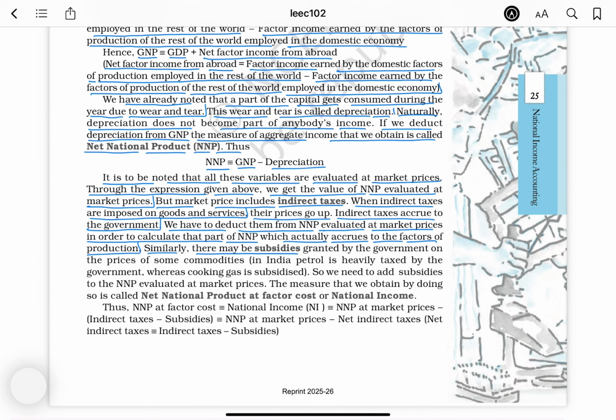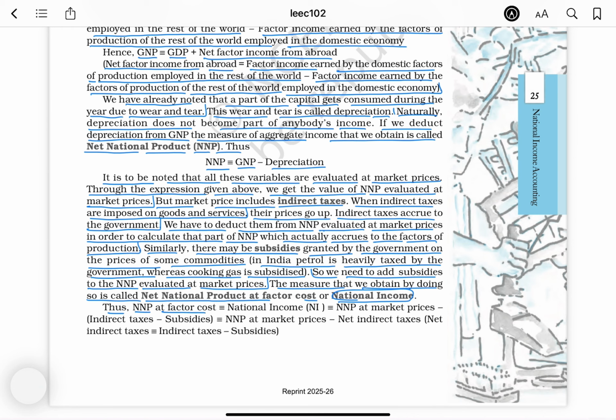Similarly, there may be subsidies granted by the government on the prices of some commodities. In India, petrol is heavily taxed by the government, whereas cooking gas is subsidized. So we need to add subsidies to the NNP evaluated at market prices. The measure that we obtain by doing this is called net national product at factor cost, or national income.